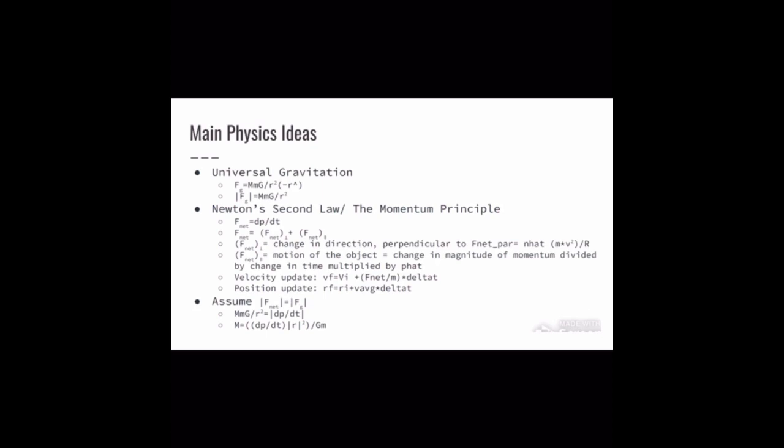Perpendicular shows change in direction, while the parallel component shows the motion of the object. And we'll also use the velocity update formula and the position update formula. We're assuming that F net is only the gravitational force because that's the only force acting on our system at the moment. And we have what mass will equal when we move the equations around.